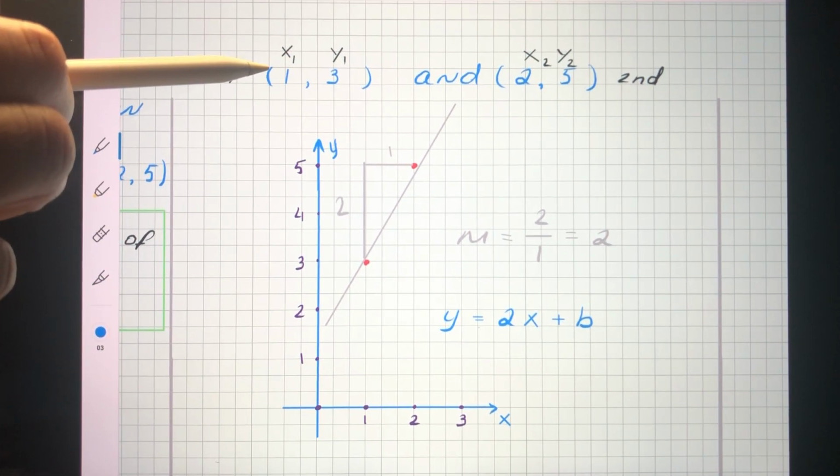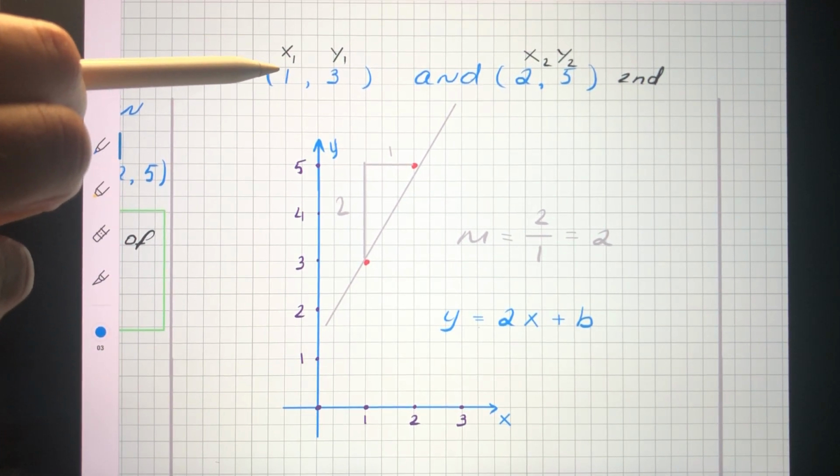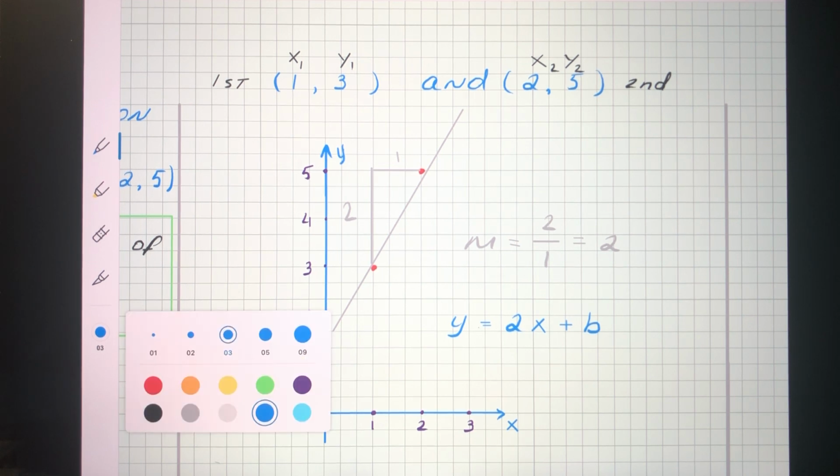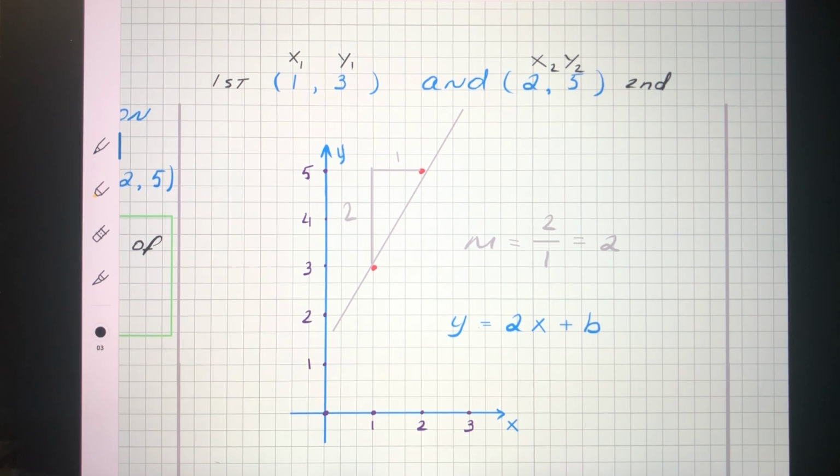So what does the first point say? It says that when x equals 1, when this x equals 1, then the y should be equal to 3. This y should be equal to 3, which means 3 equals 2 times 1 plus b.